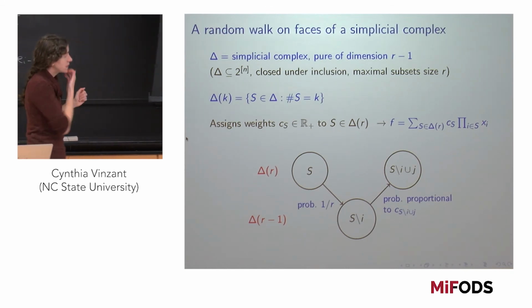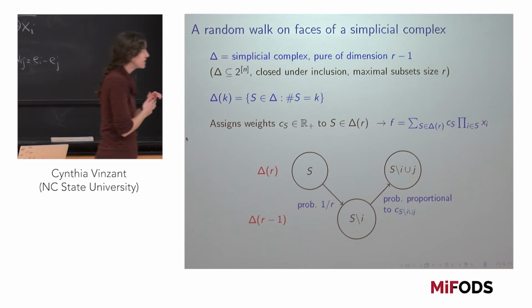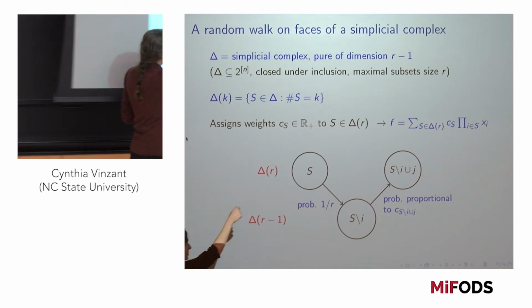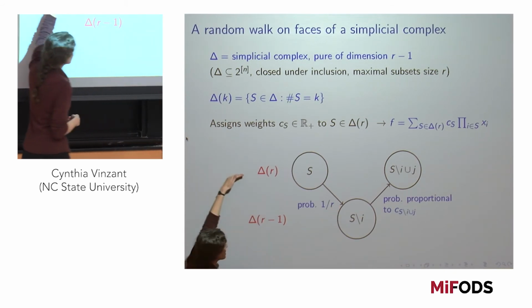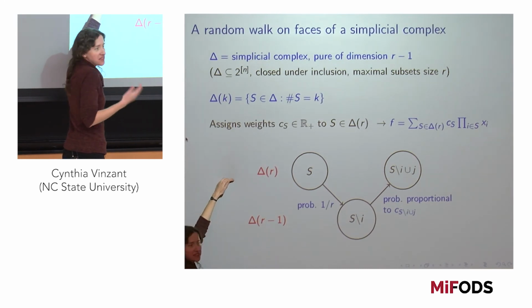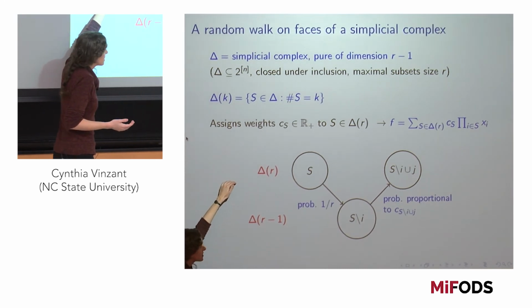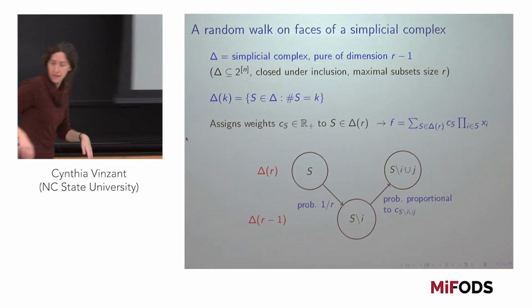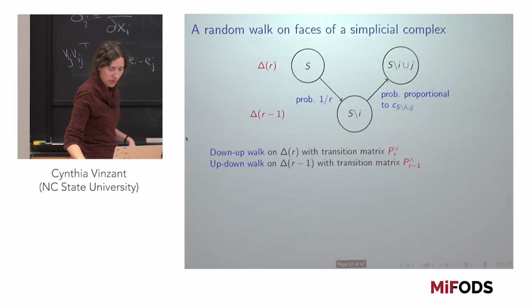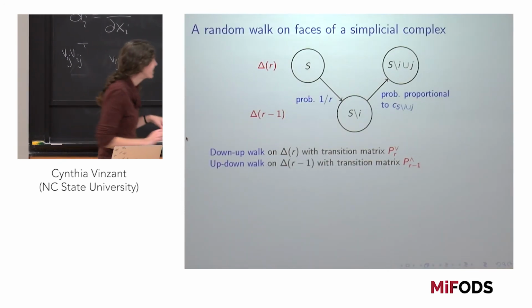And if I do this twice, I'm going to get a random walk on subsets of size r. What I'm going to do is study this random walk on subsets of size r. In particular, I could do two things.